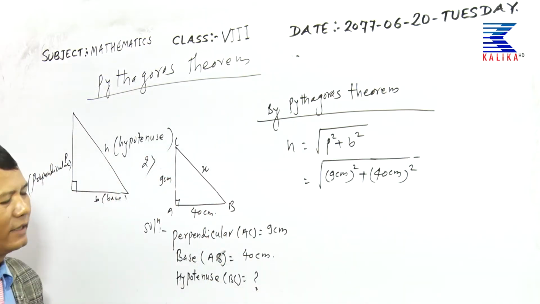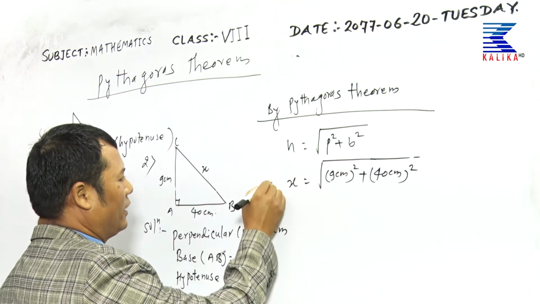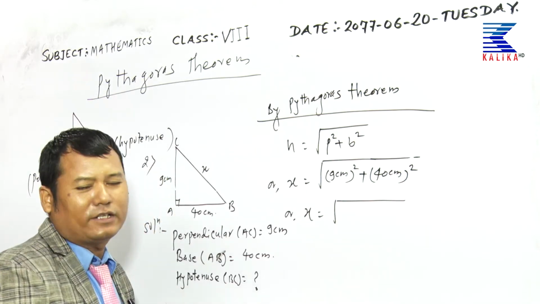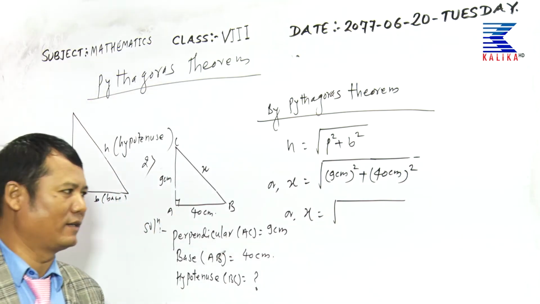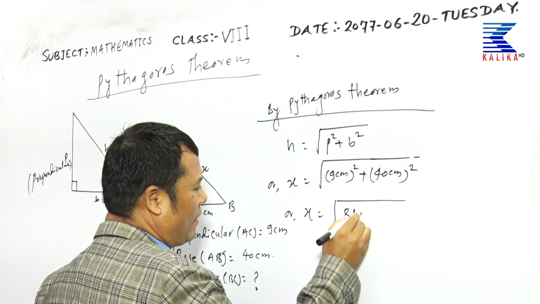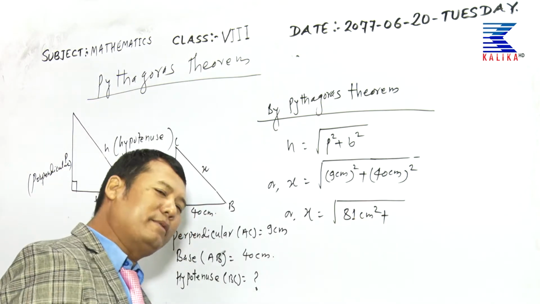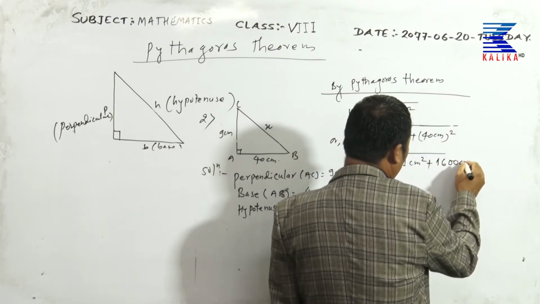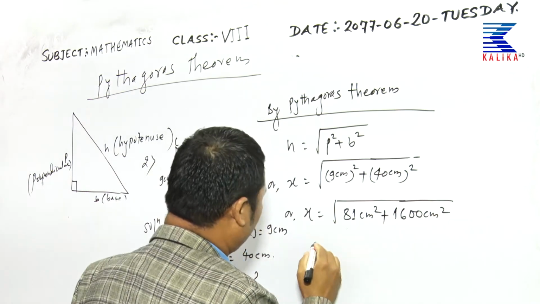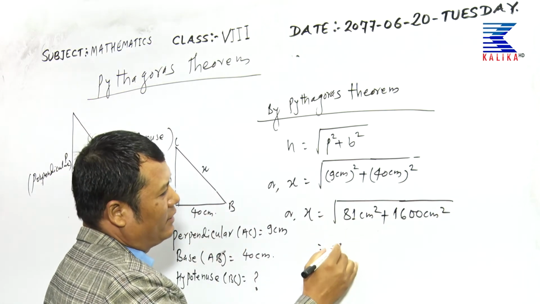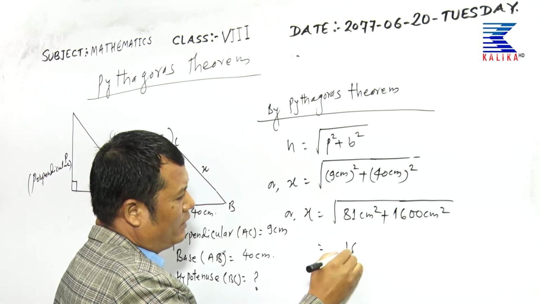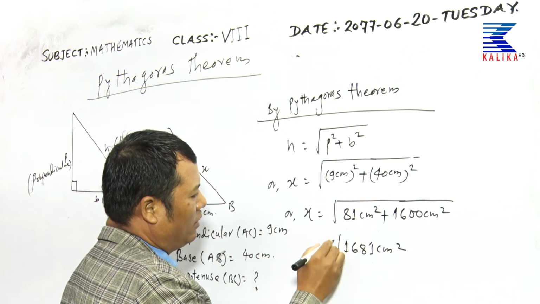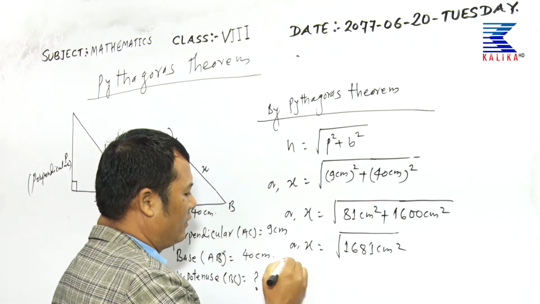H means x. Now x is equal to under root 9 square, which is 81, plus 40 square, which is 1600 cm square, and altogether it is 1681 cm square.